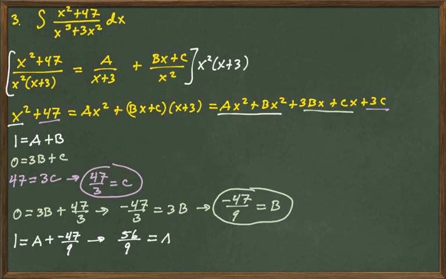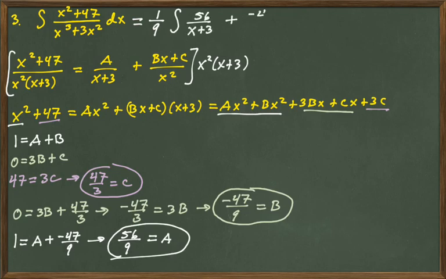So 56 over 9 is equal to A. All right, so our integral is going to be 1/9 times 56 over x plus 3 minus 47x plus 141 over x squared dx. Okay, and if you distribute that 1/9 through, it is equivalent. You can verify that. So let's go on to the next slide here just to finish that up, since we don't have a whole lot of real estate left on this slide.